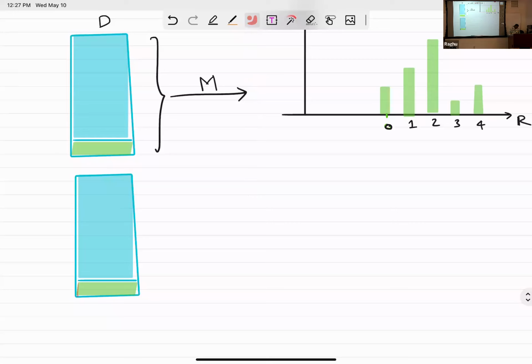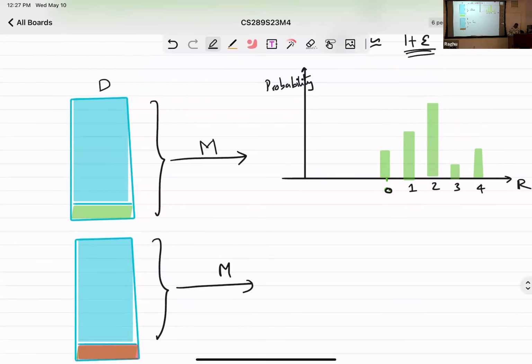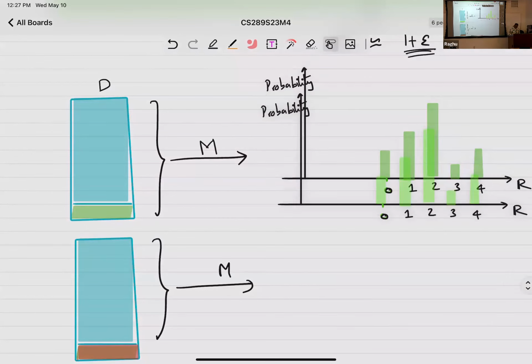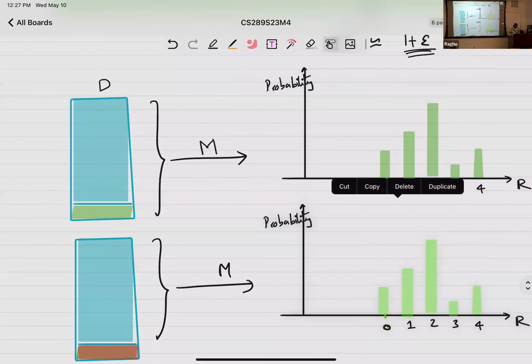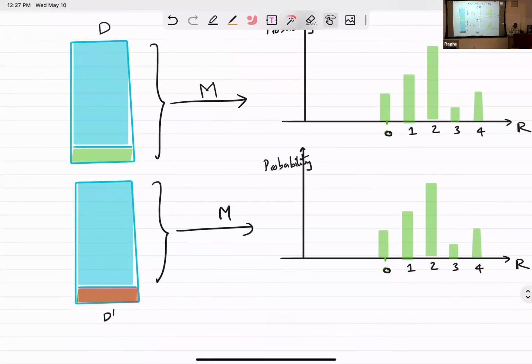Let's say I change just the last row. This is D prime now, the neighboring database. What should happen? The picture should look similar.